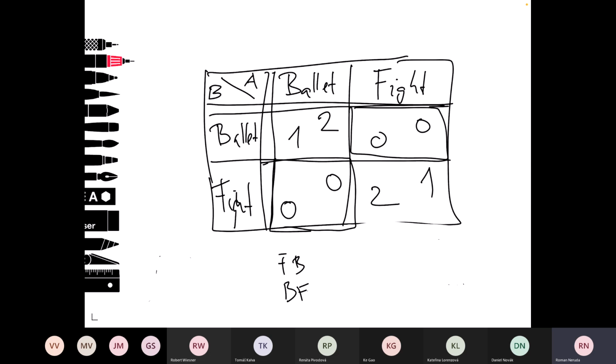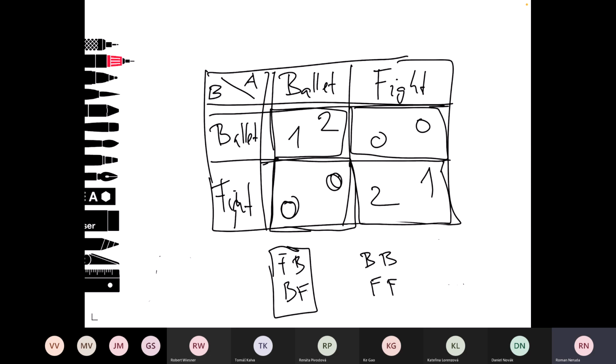So for them the motivation is definitely to choose to do things together, both to ballet, or both to fight, and both of these are better, and each of them is more satisfied, right? For ending up in two different places, they get 0 both, so they're unhappy.